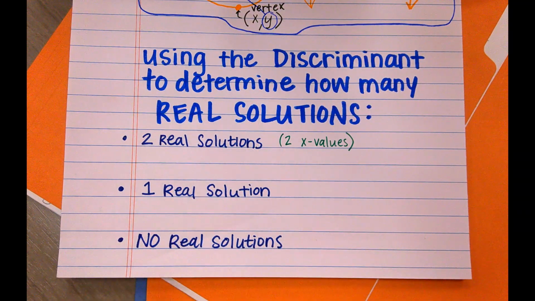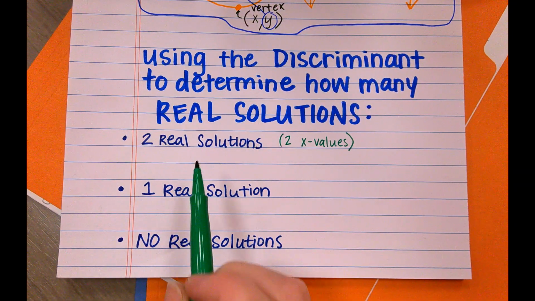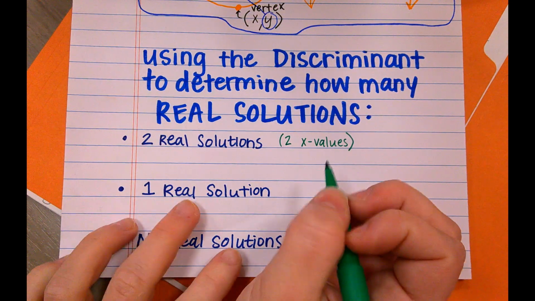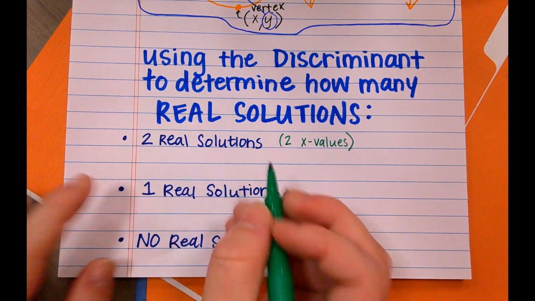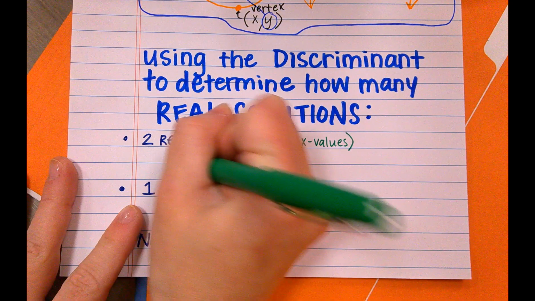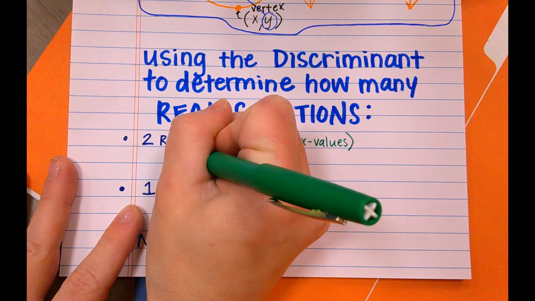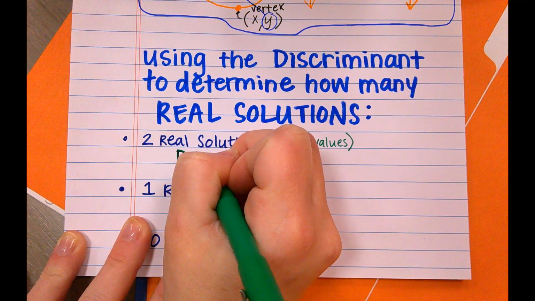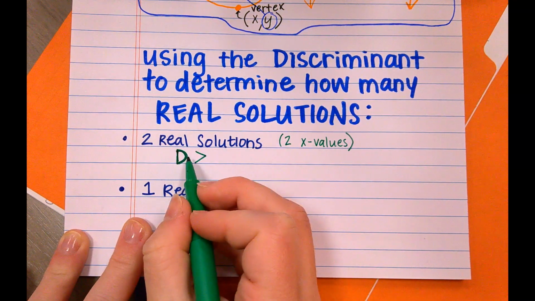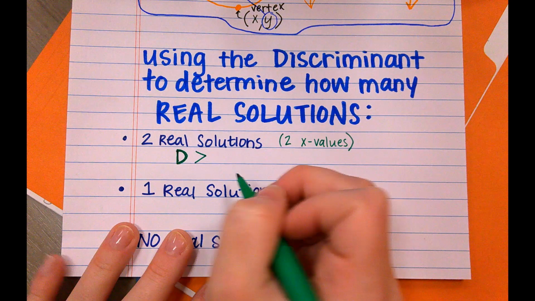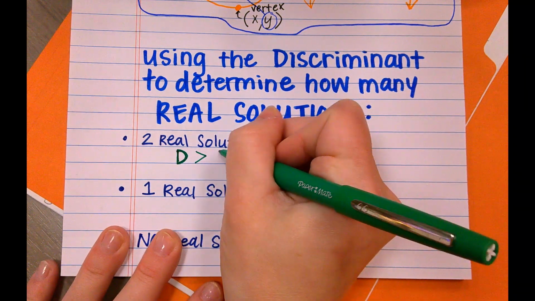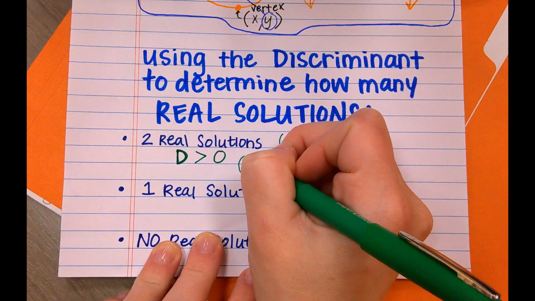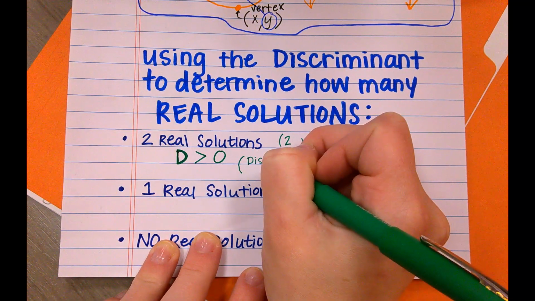You will get 2 real solutions when your discriminant is a positive number, or greater than 0. So below that, we're going to write capital D for discriminant is greater than 0, which means discriminant is positive.